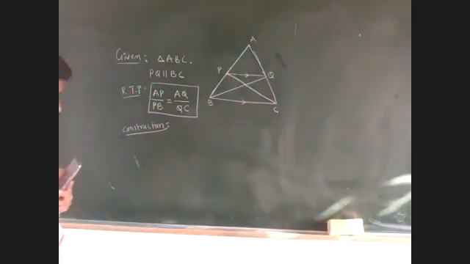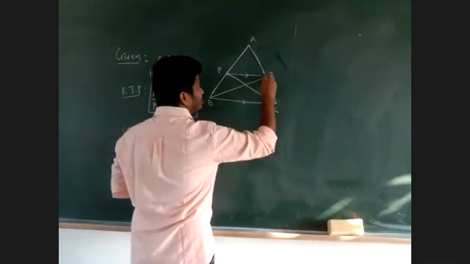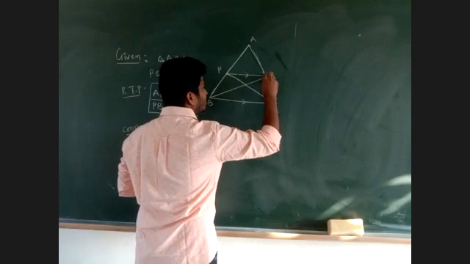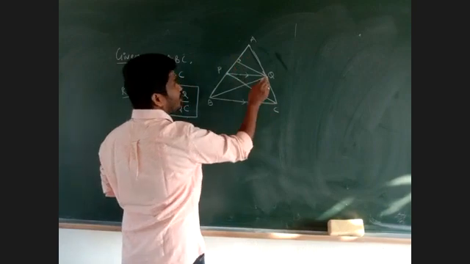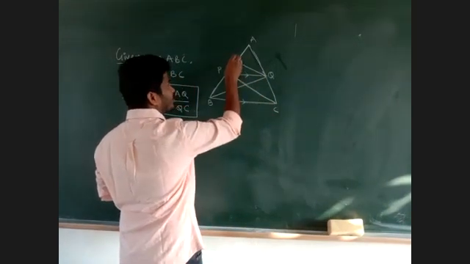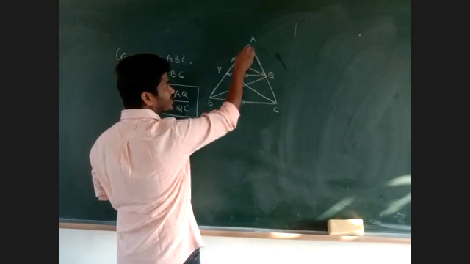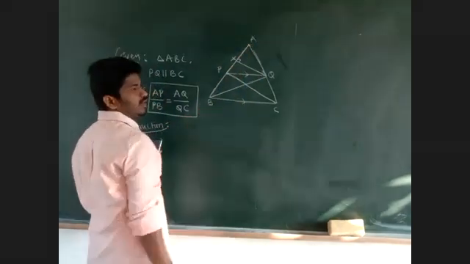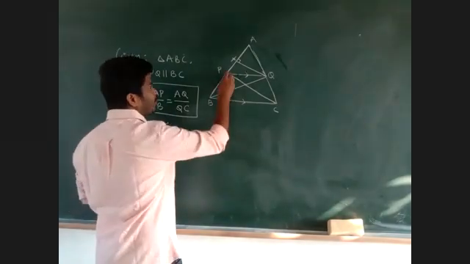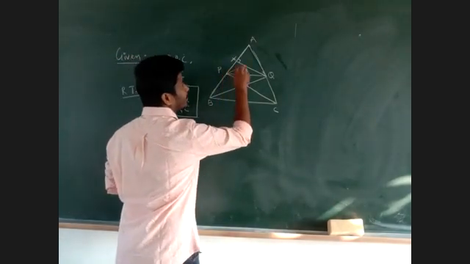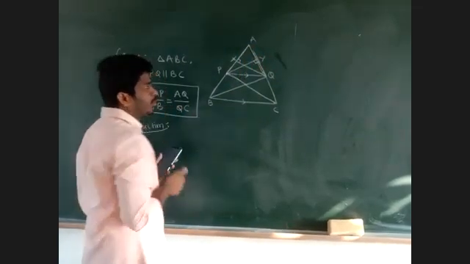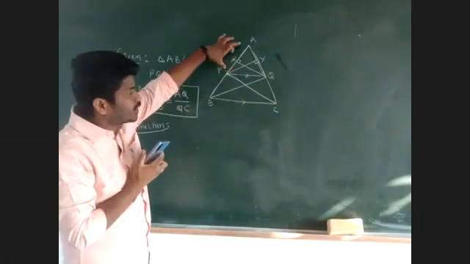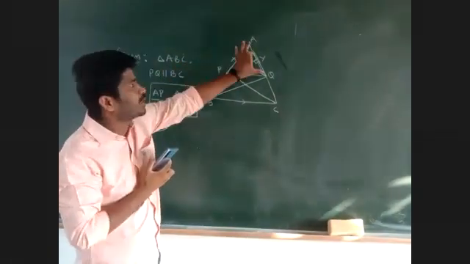Also draw a perpendicular from the point Q to AP, for example QX is perpendicular to AP. Also draw one more perpendicular line from the vertex P: PY is perpendicular to AQ.